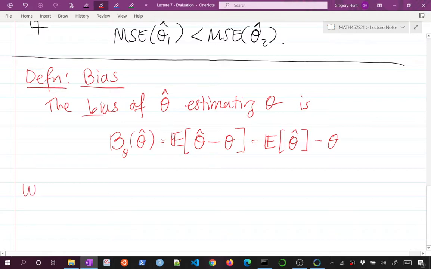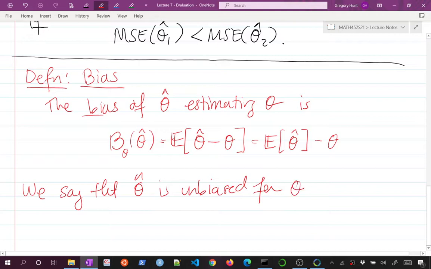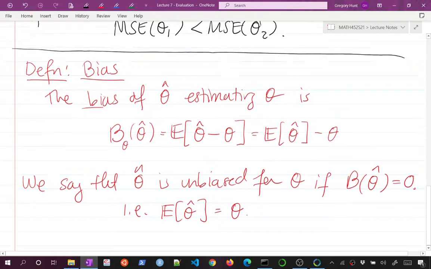We say that theta hat is unbiased for theta if the bias of theta hat is 0. That is, the equivalent statement is that the expected value of theta hat is precisely the truth, theta.